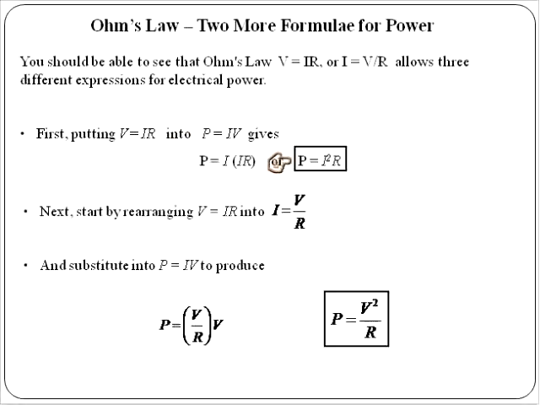We can do the same thing for if we don't know I. If we're given voltage and resistance, we can say I equals V over R, plug that in here for I, and we get V over R times V, so V times V over R, or V squared over R. That's another way to write that same equation.